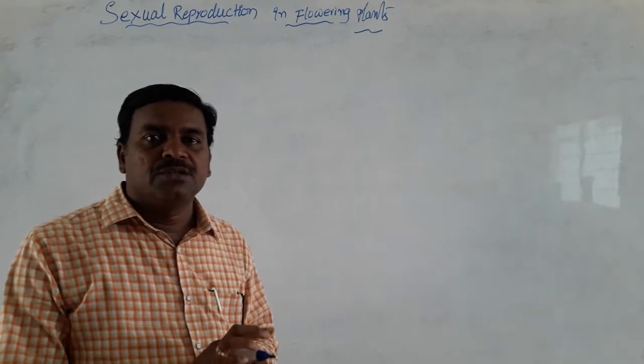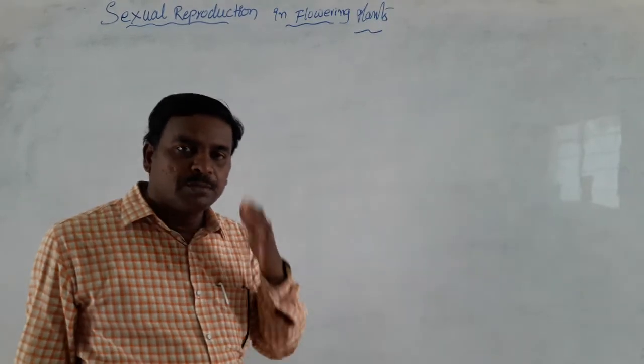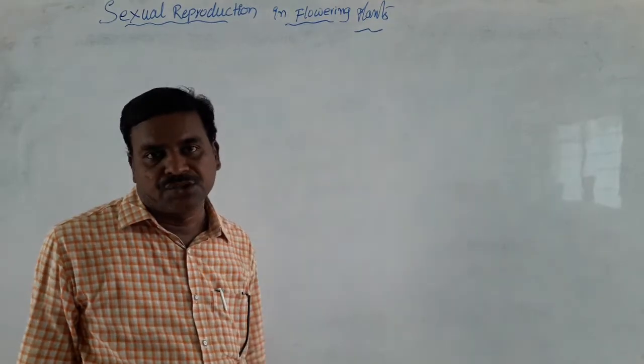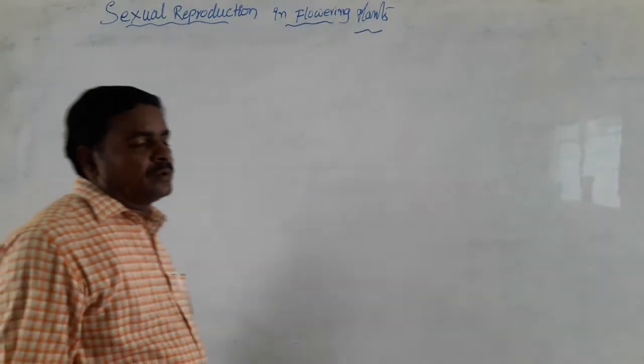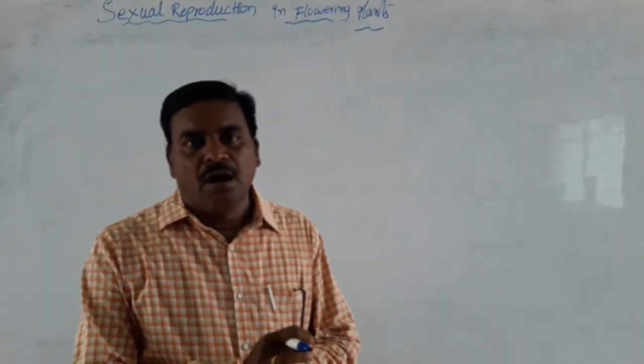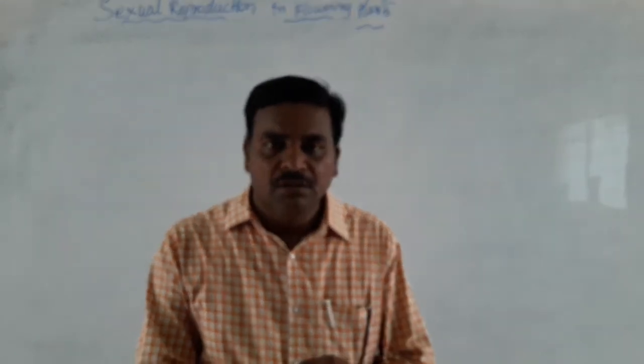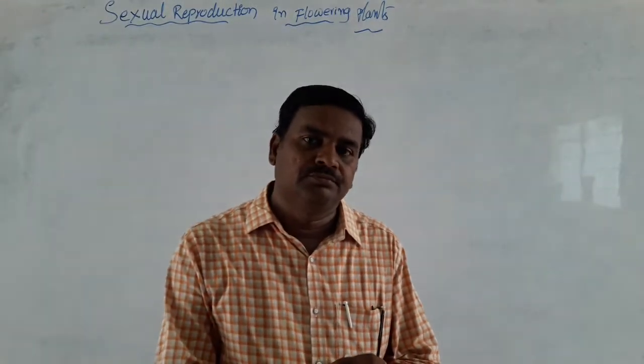Good morning, students. Now coming to another chapter, sexual reproduction in flowering plants. The branch of botany that deals with the study of all aspects related to sexual reproduction is called embryology.